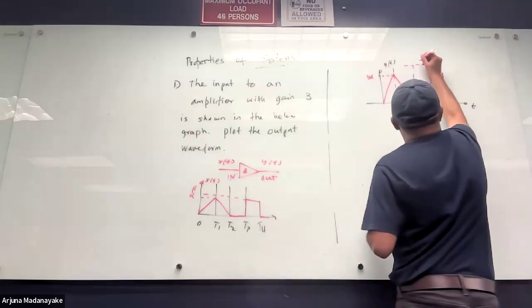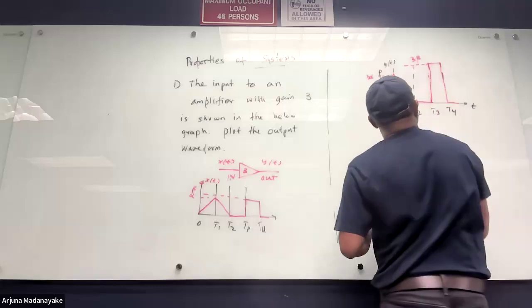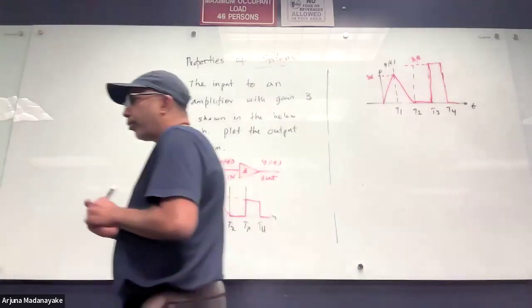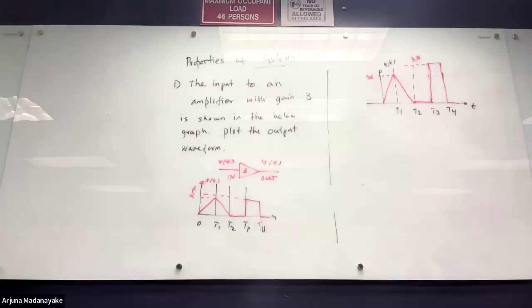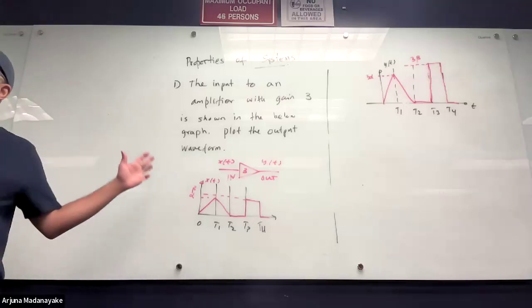This height is going to be 3 times alpha. It simply scales the output by gain, right? Nothing else. It doesn't change the shape by any means except scaling it up or down.